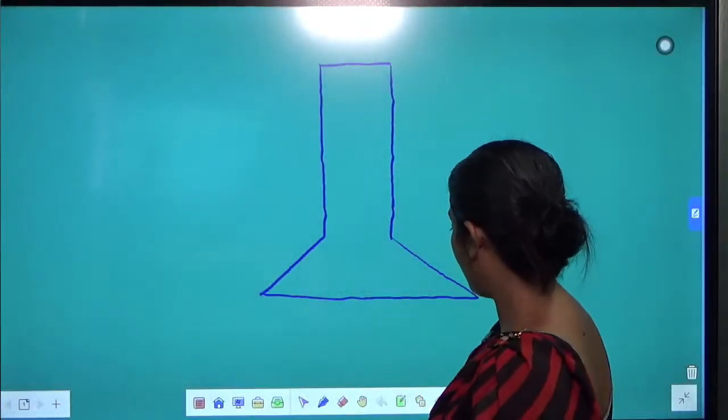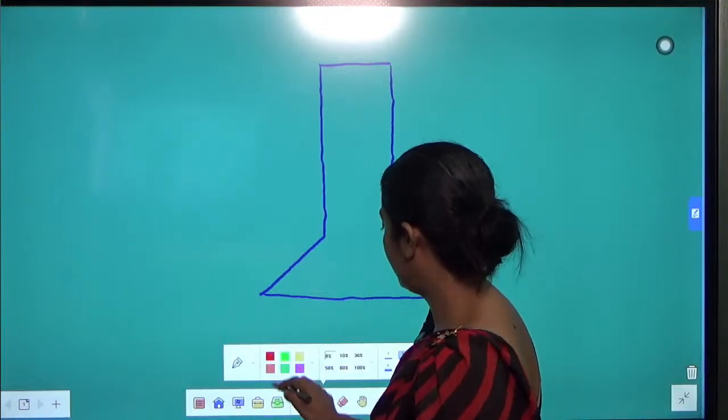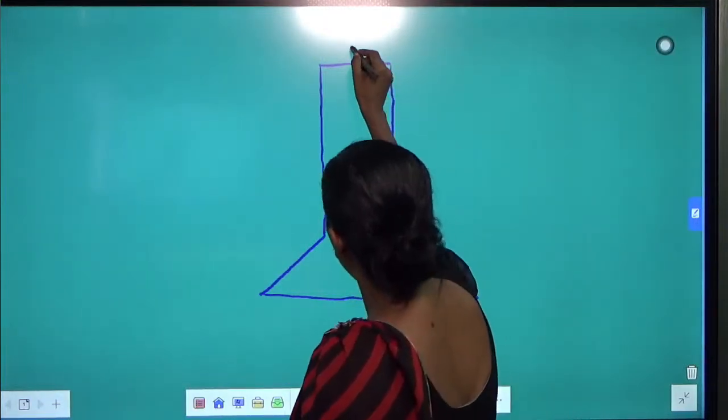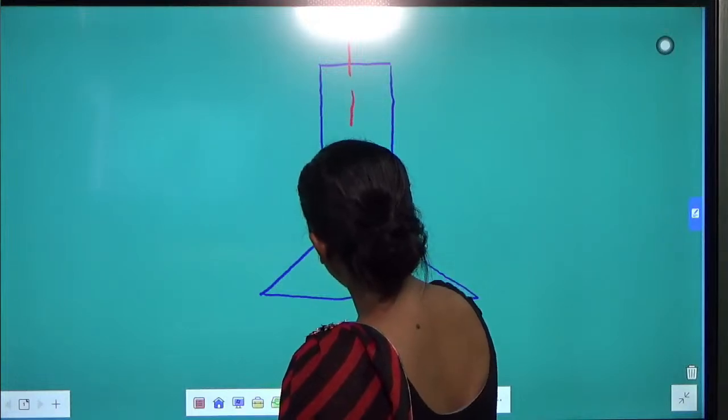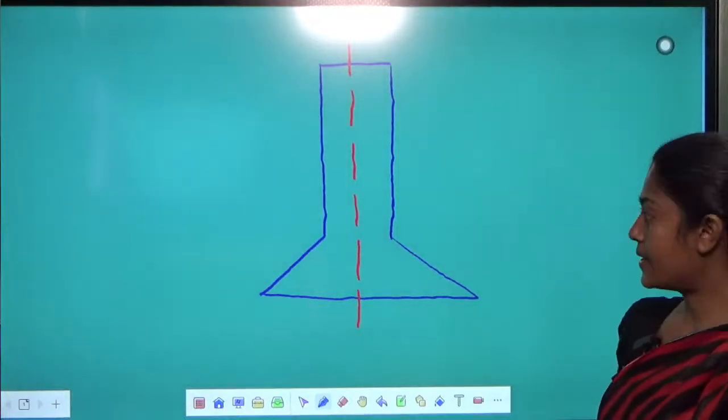This one I will show you. This is the symmetrical axis, right?